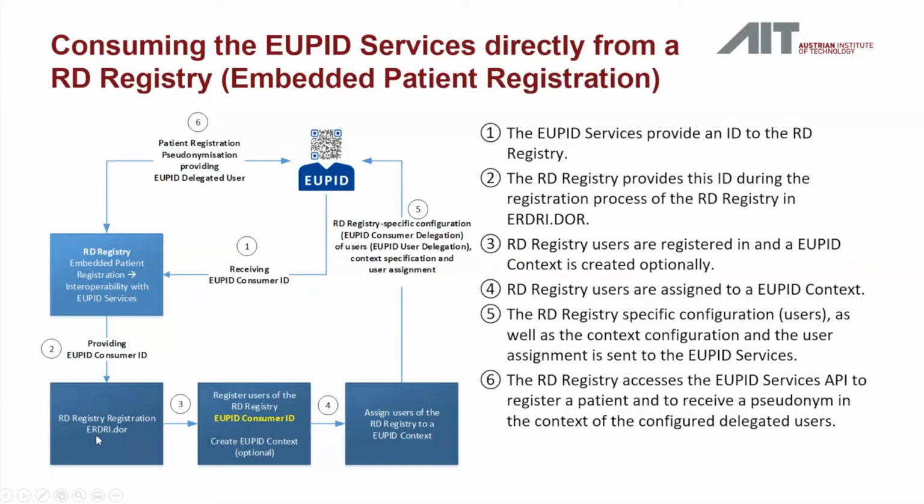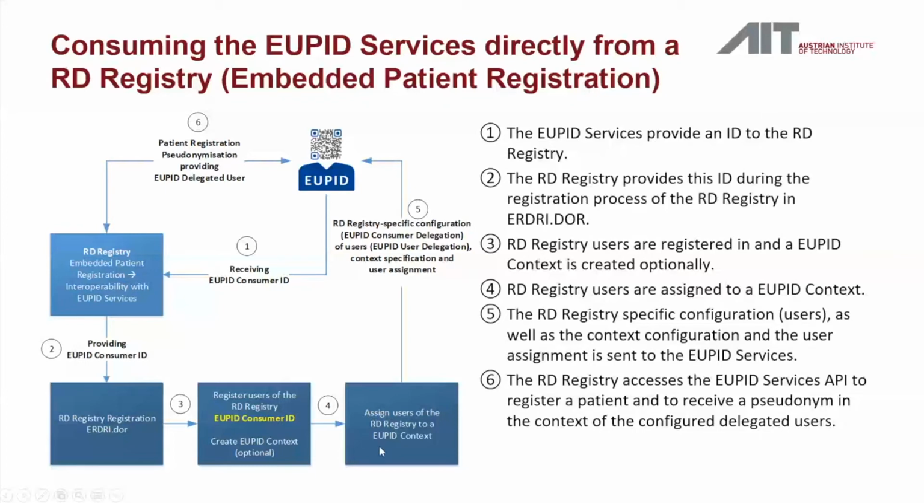So after the registration of your rare disease registry, the next step is that the users of the rare disease registries are registered as well in ERN. This is related to the EUPID consumer ID, because these are users coming out of the rare disease registry and will subsequently be sent in the call as so-called delegated users directly to the EUPID services. These users have to be registered here, and then a EUPID context is created. This is optional, because we could use an already existing EUPID context to which we assign these users.